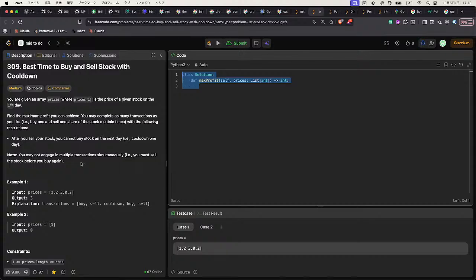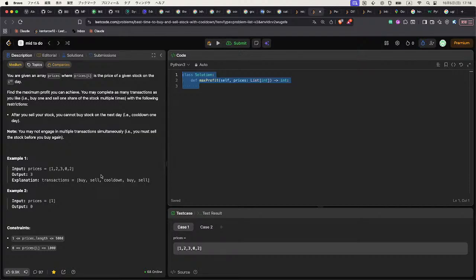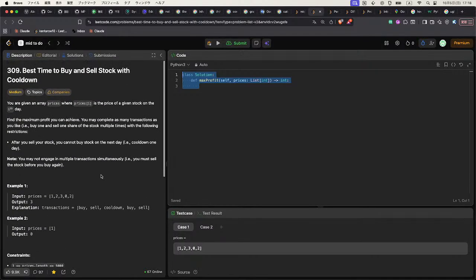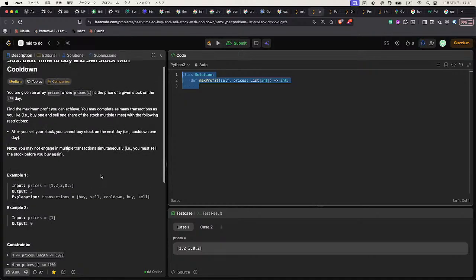Best time to buy and sell stock with cooldown. Okay. Since we can do many transactions, as much as possible, as you like. Yeah, as we like.